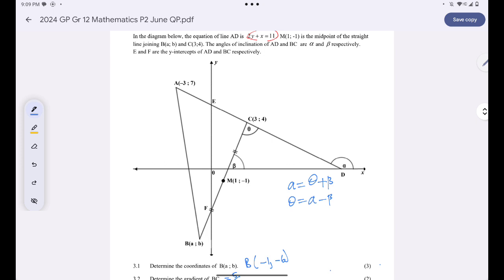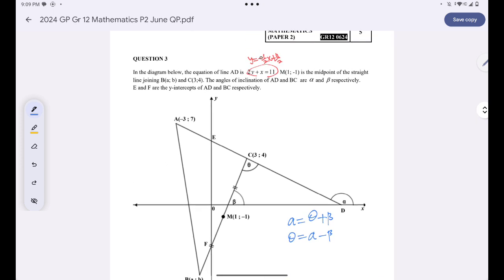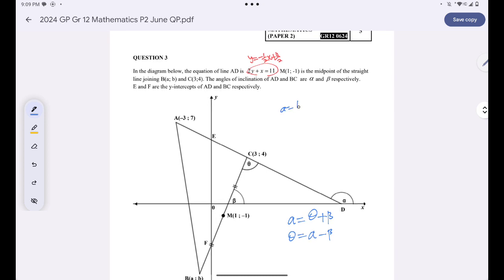How can I find angle alpha? I do know the gradient of the line AD is negative half. This simply means that alpha, I'll get it by saying 180 degrees minus tan inverse 1 over 2. Because the gradient is negative, I don't need to put the negative half there. I need to say 180 minus the inverse of tan positive 1 over 2.